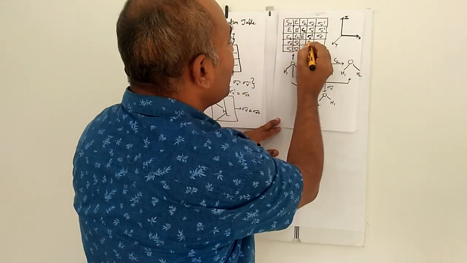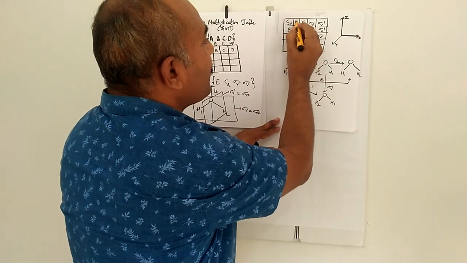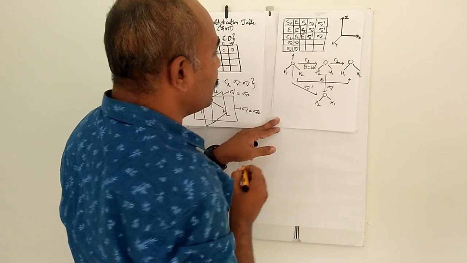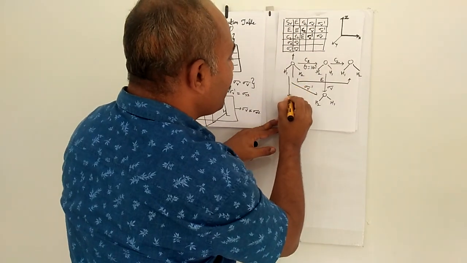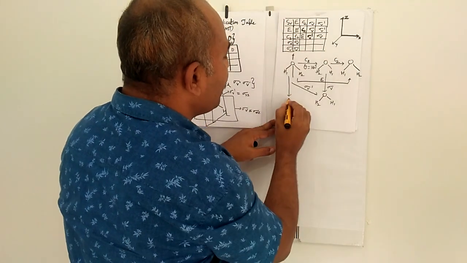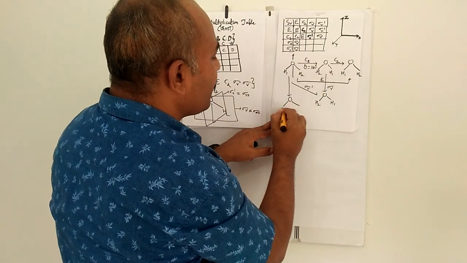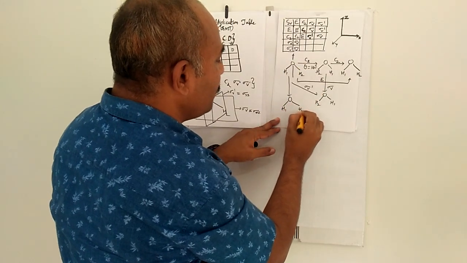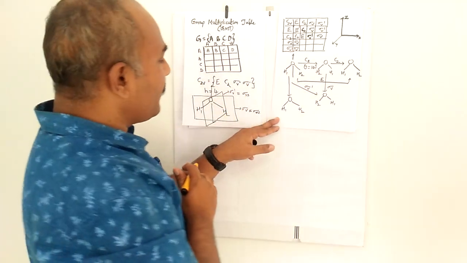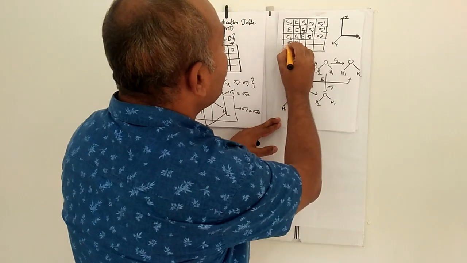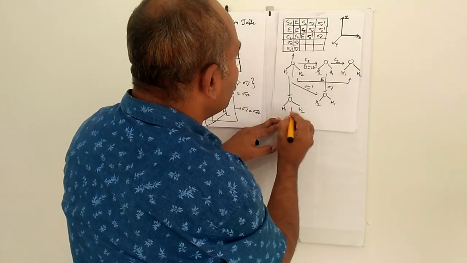So now we will go for the third row. Sigma V multiplied with E gives sigma V. Then sigma V multiplied with C2. First you do the sigma V operation. If you do the sigma V operation on the original water molecule, it gives the same configuration, H1 and H2, since sigma V is the molecular plane, that is sigma xz. Then you do sigma V followed by C2.